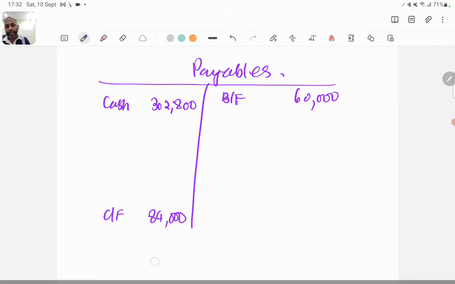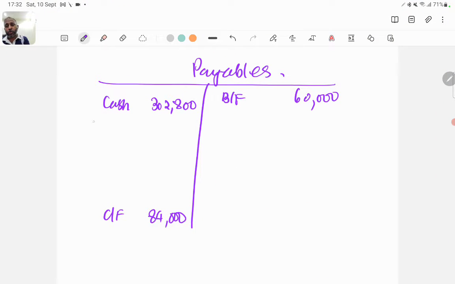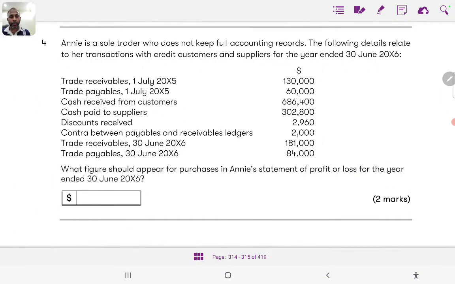And then we have discount received. Discount received also we need to take to the payables control account. We call it the control account. How much is discount received? Actually 2,960.